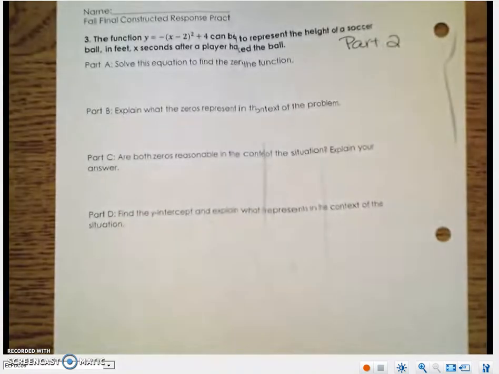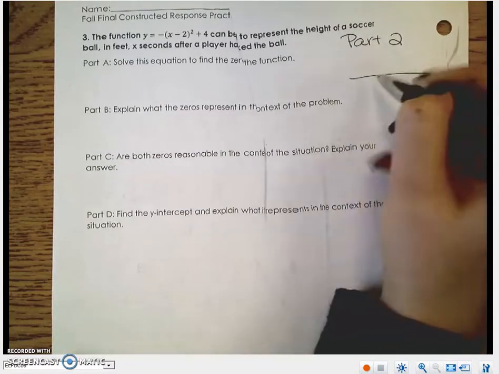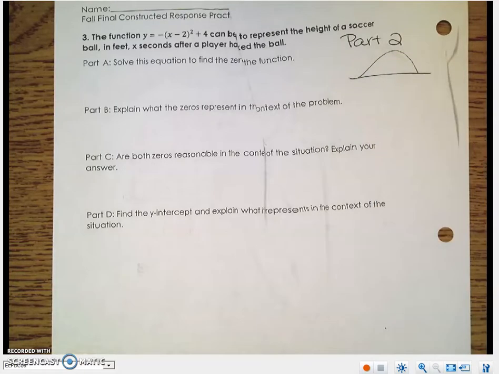Alright, it says the function y equals negative x minus 2 squared plus 4 can be used to represent the height of a soccer ball in feet in x seconds after a player has kicked the ball. So we're thinking about a soccer ball that has been kicked up into the air and then comes back down.